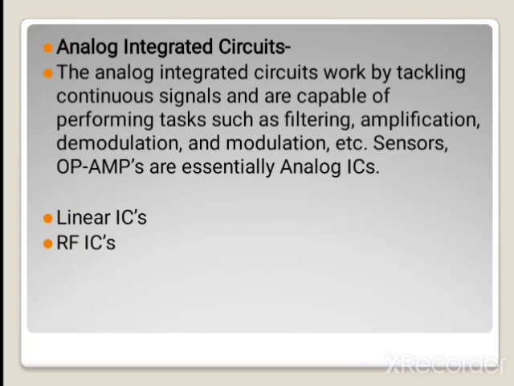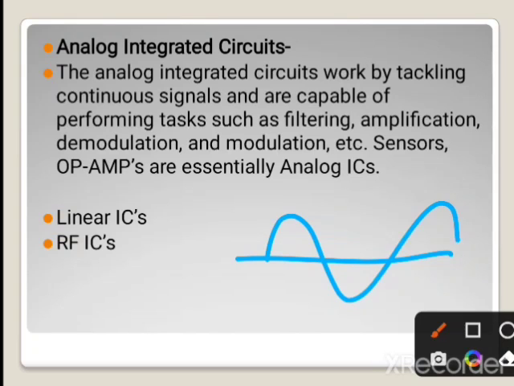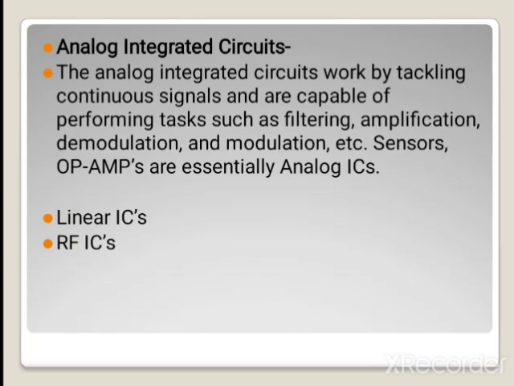Analog integrated circuits work by handling continuous signals and are capable of performing tasks such as filtering, amplification, demodulation, modulation, etc. So what are analog ICs? These work on analog signals. Analog signal means these work on a continuous signal. That's why we call it an analog integrated circuit.